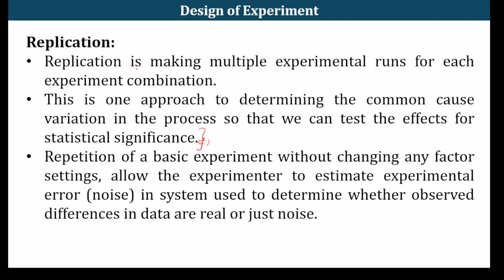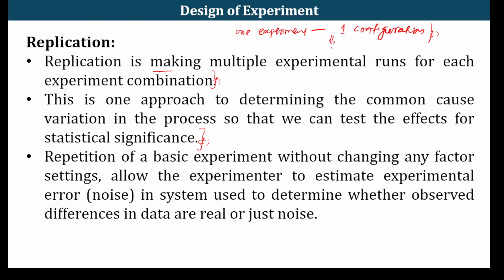So replication is making multiple experimental runs for each experiment combination. Let's say for one experiment, one configuration is there. For better accuracy and better precision, we'll replicate that one experiment.